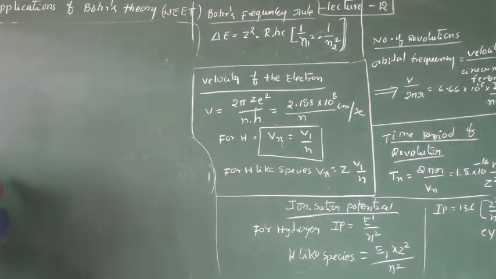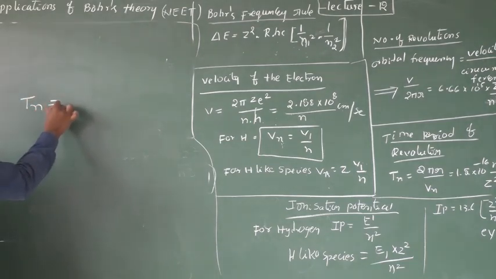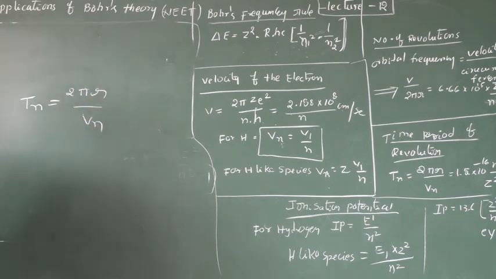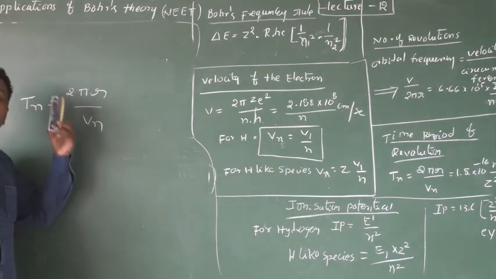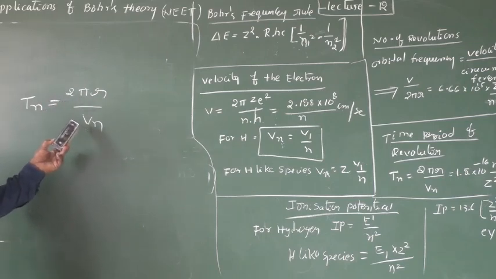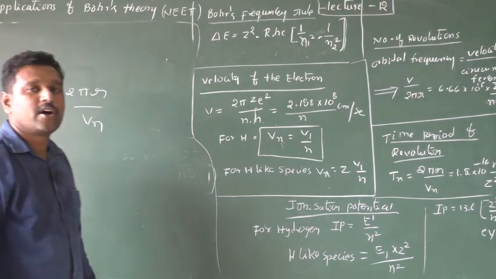So time period of revolutions means Tn equal to 2 pi r by Vn. Time period of revolution equal to circumference by velocity in the nth orbit. So this is about time period of revolution.